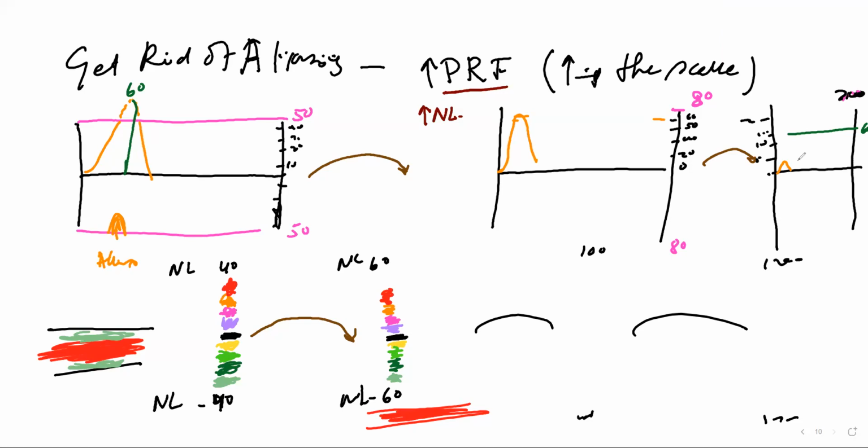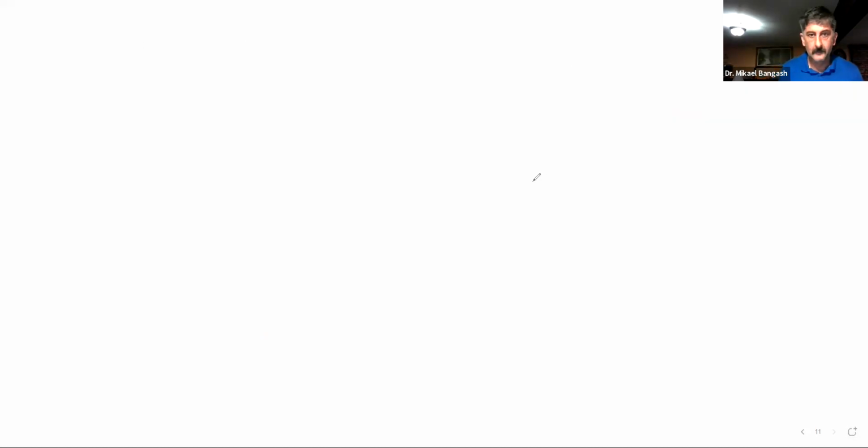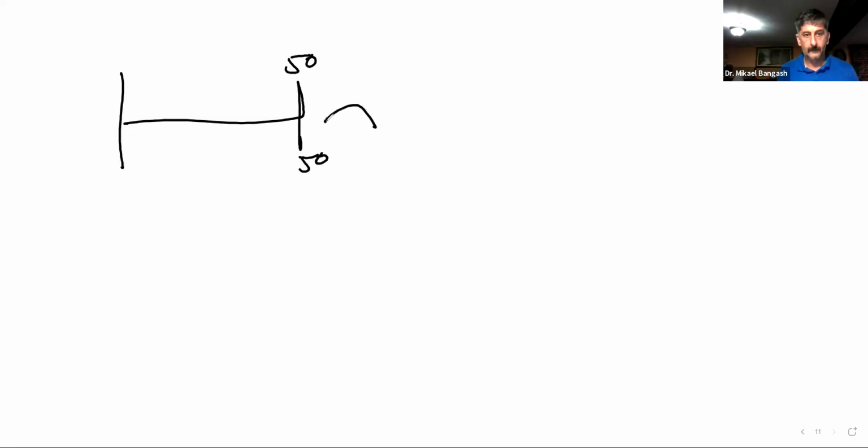Can you explain it a little bit more? What do you mean? You increase the scale. What happens when you increase the scale? First 50 was the maximum. Let me change it to another slide. You turn your PRF up, it goes to 100.